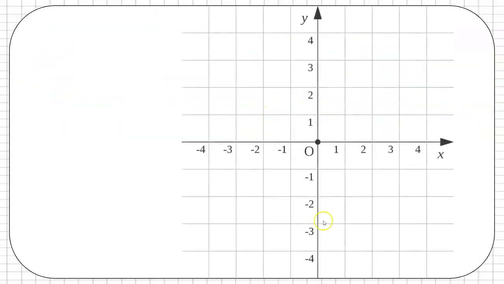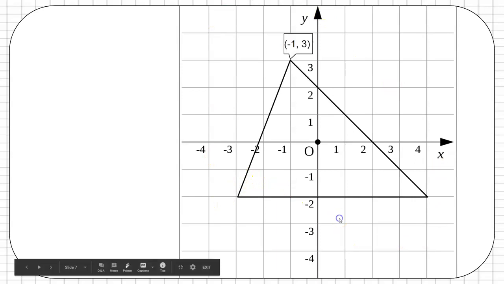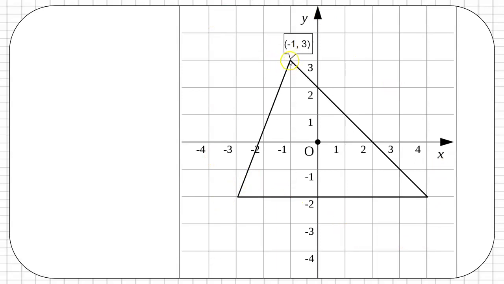So now we can take a look at another triangle right here. This vertex is at -1 x and 3 y. This vertex is at 4, -2.